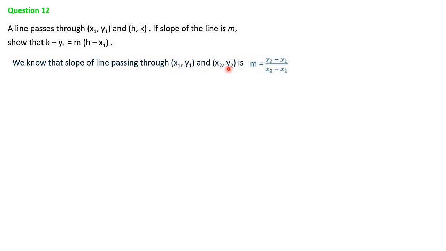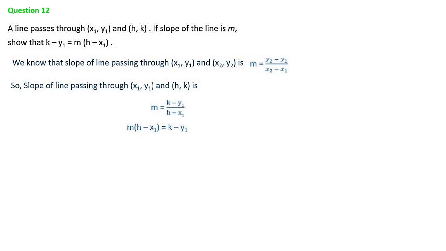This is the formula if 2 points of a line are given. By using this formula and these 2 points, let's find out the slope of the line through x1, y1 and h, k. So m is equal to y2 minus y1, here y2 is k, so k minus y1 divided by x2 minus x1, that means h minus x1.